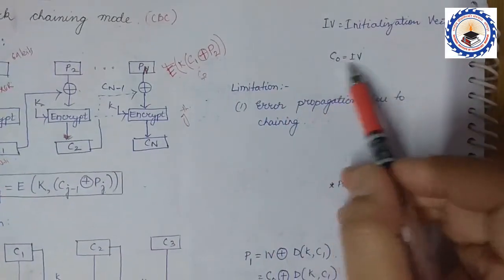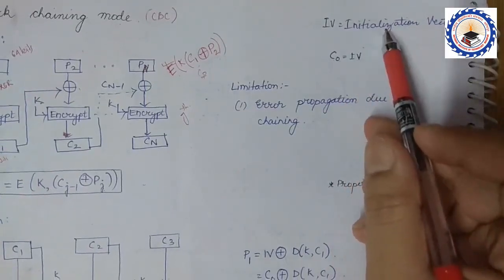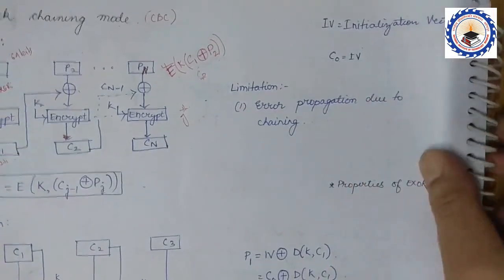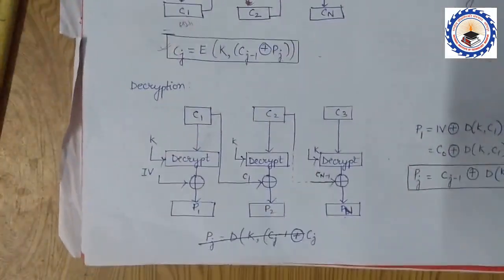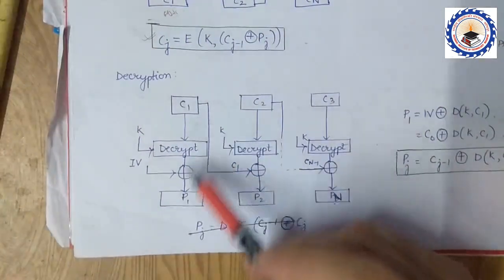C0 we have initialized to IV, the initialization vector.